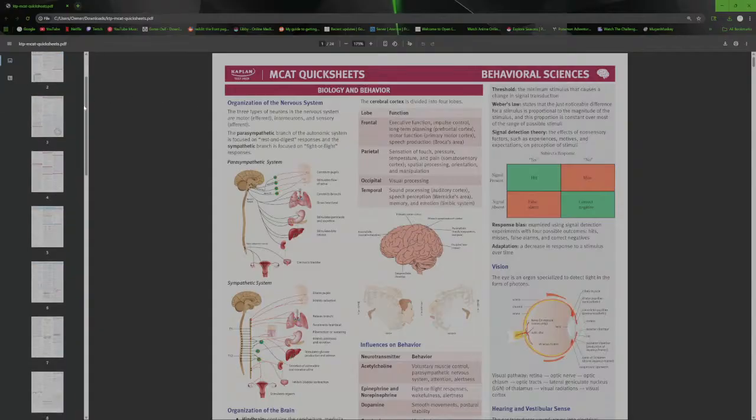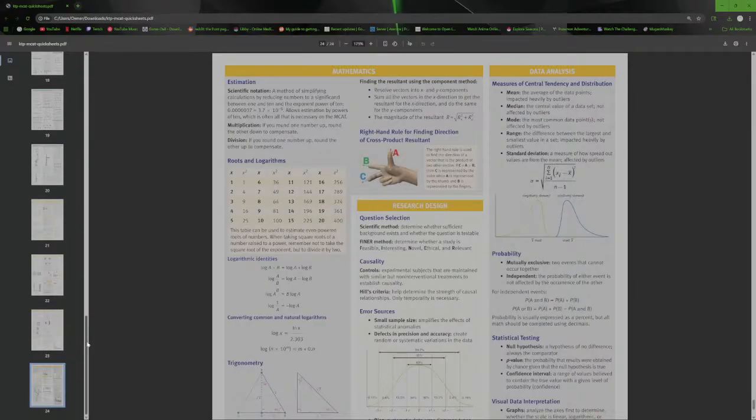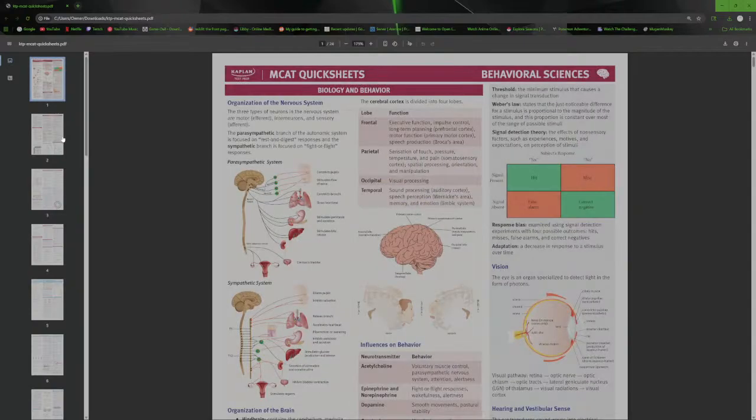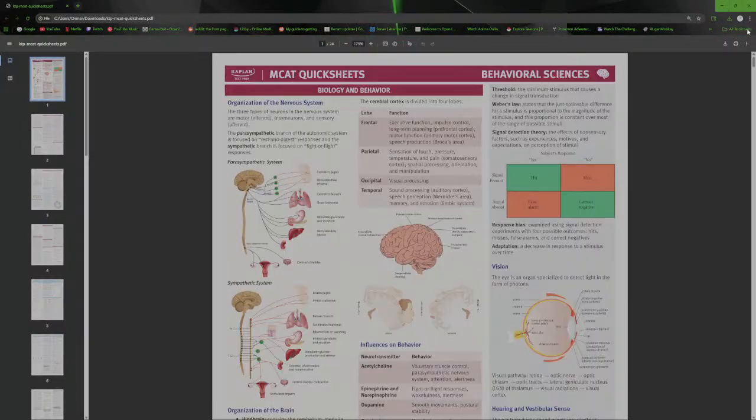So, let's see here. There's 24 pages. Okay. Seems like we're starting with behavioral sciences first. All right. Let's see here. Do I have a highlighting tool that I could use? Make it full screen?